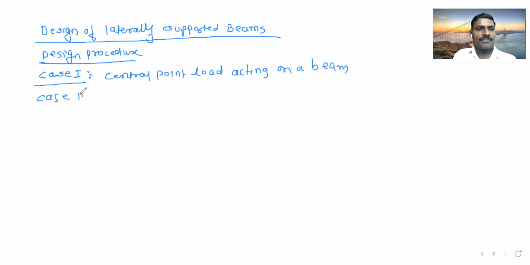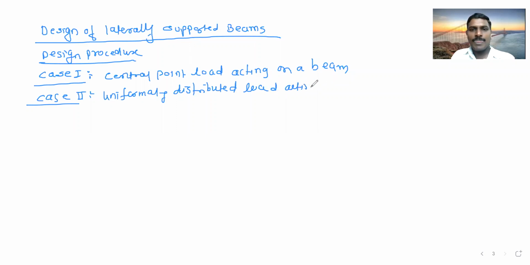Case 2. We have to design a laterally supported beam. For this beam, these 3 cases will be there. Case 2, uniformly distributed load acting on a beam, as I have shown earlier in the sketches.